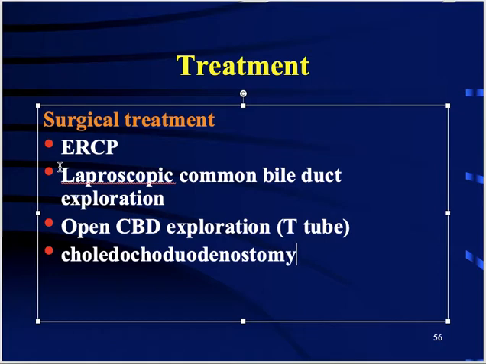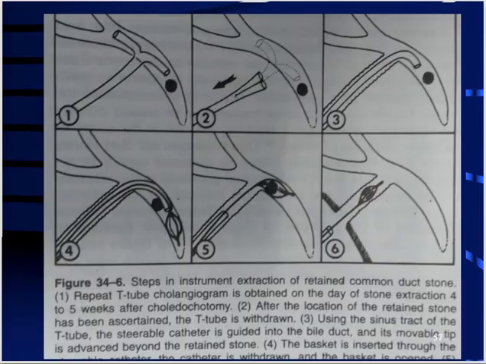Okay, so in this one, what they do is they drain the duct, or they open it up into the duodenum, so that all the stones can pass into the duodenum. Okay, so this is how they treat it. You can see over here.